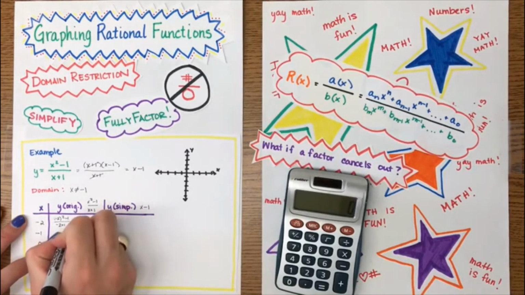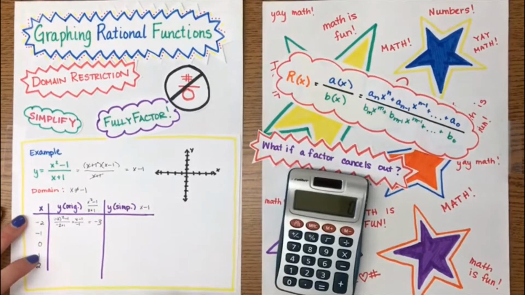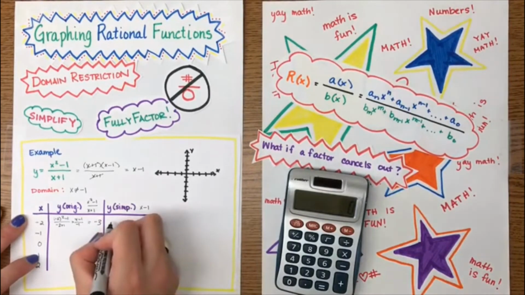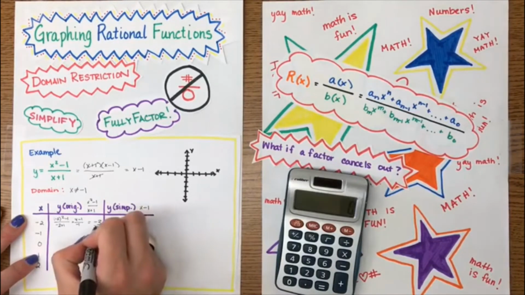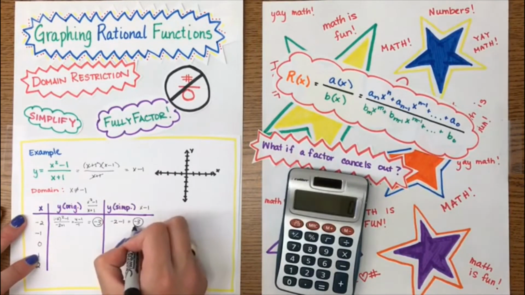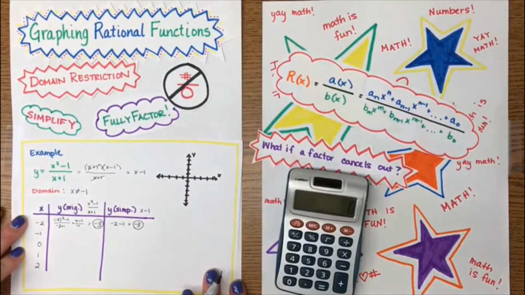That is 4 minus 1 over negative 1. That's 3 over negative 1, or negative 3. If I plug negative 2 into my simplified equation, I get negative 2 minus 1, which is negative 3. So at negative 2, I get the same value in each.